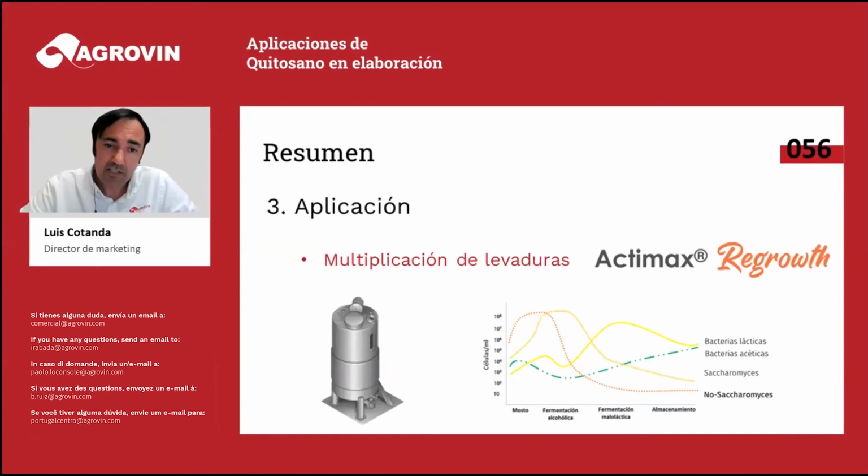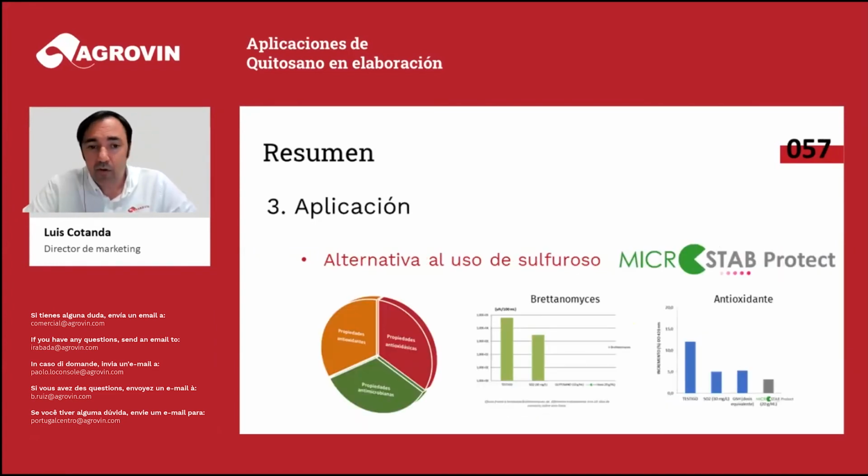Then we spoke about multipliers, and we've seen how the optimal conditions of multiplication in a multiplier facilitate the multiplication of yeasts, but not only this, but many other things. And we have seen how with Actimax Regrowth, the selected yeast is going to be multiplied much further.